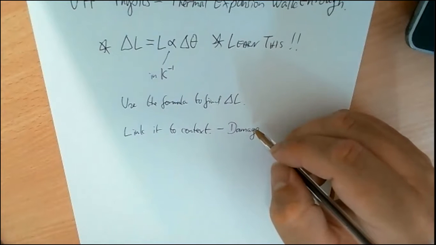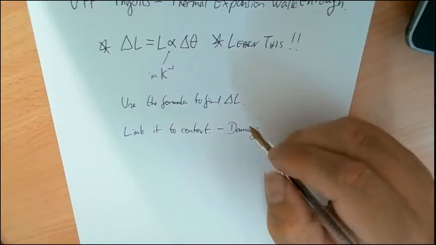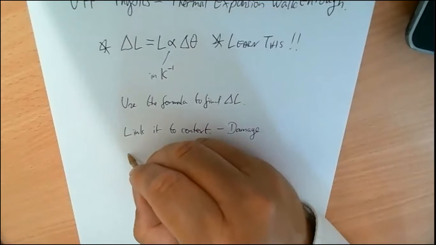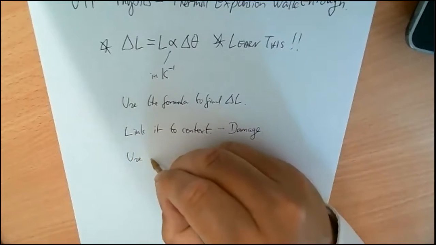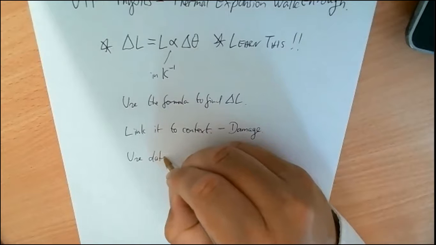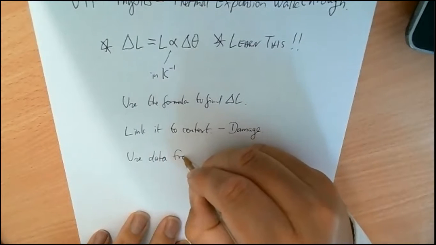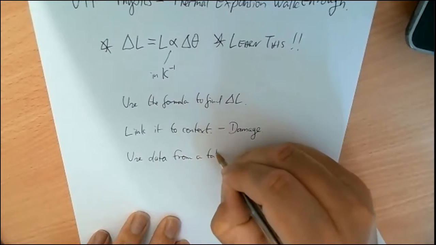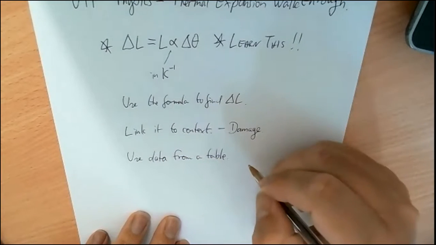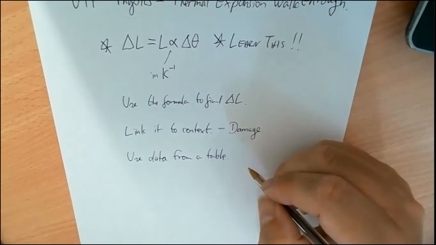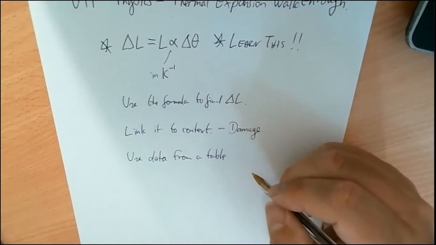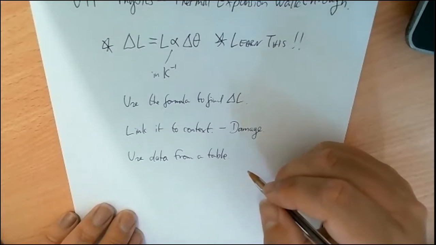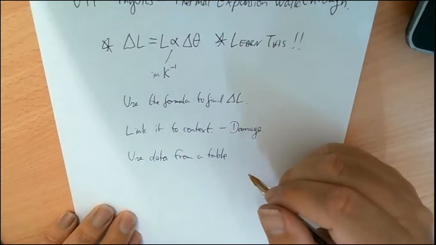Not saying it will always be the context, but it's the usual context. Okay. You may have to, in this type of question, use data from a table. Don't worry, it's usually fairly simple. It's usually pretty easy to read. Just double check what you're looking at. Okay. Right. So that's how you go about doing that question.